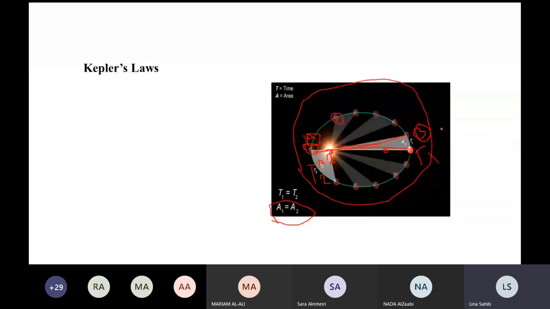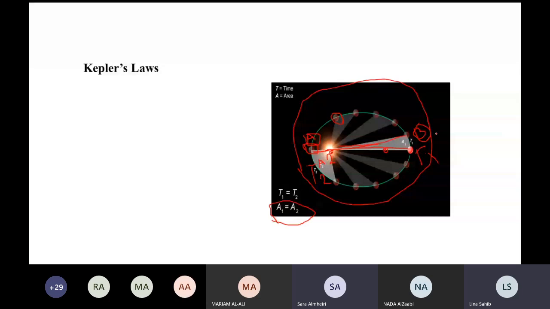The velocity here is more or less than B? More force, and which one? More velocity or less? Think twice. More velocity. Of course more.